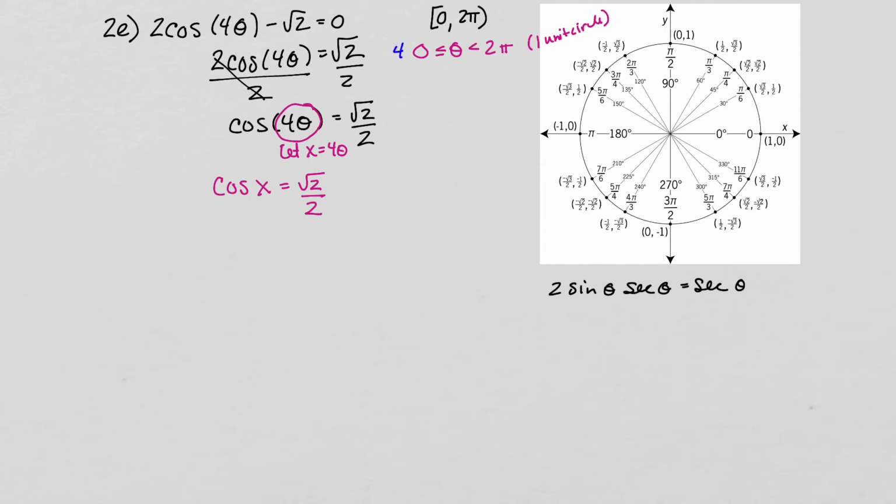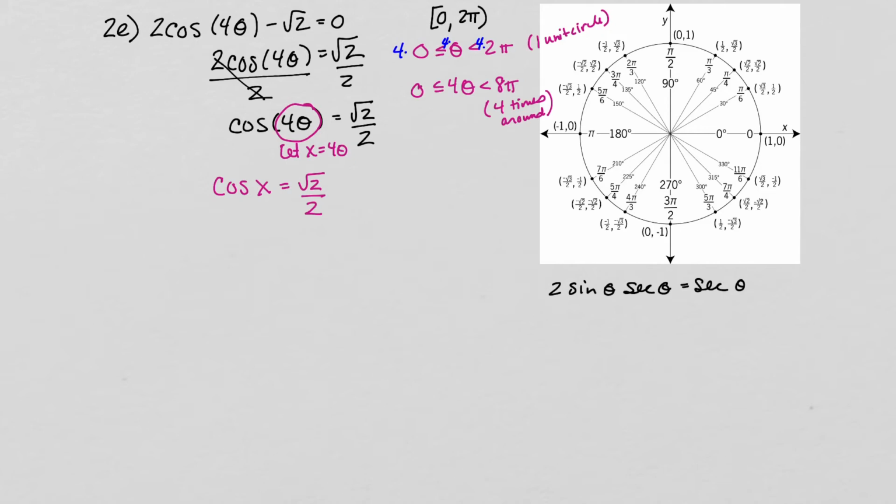If I multiply everything by 4, we're talking about 0 being less than or equal to 4 theta being less than 8 pi, which means we're going around the unit circle 4 times. So that number in there is changing how many times you're going around the unit circle. We need to go around the unit circle 4 times.